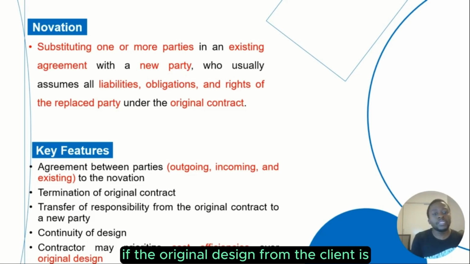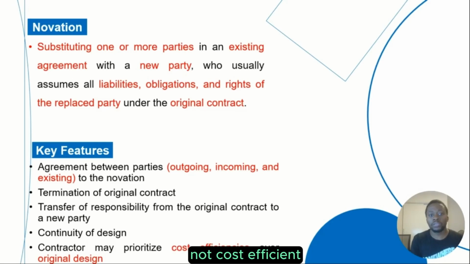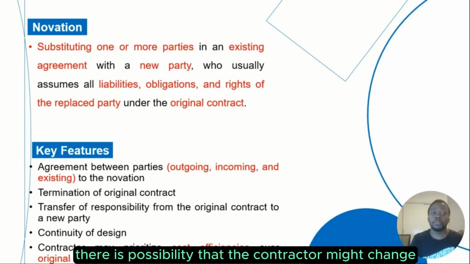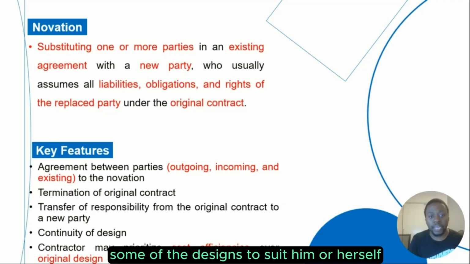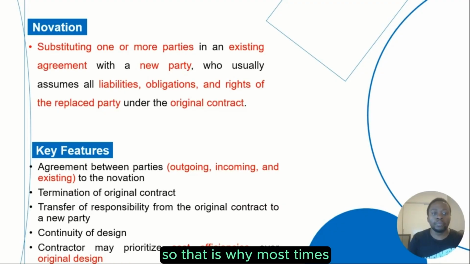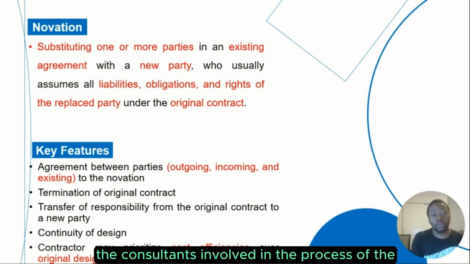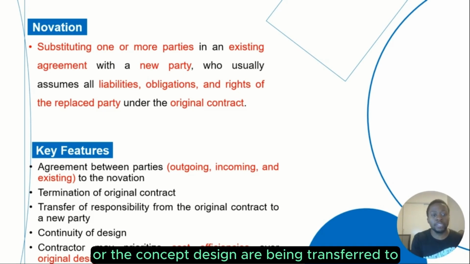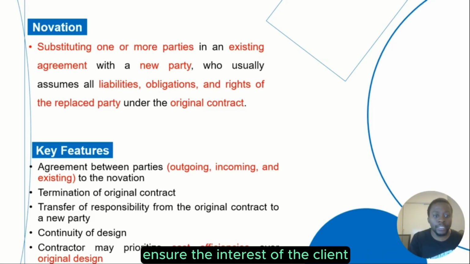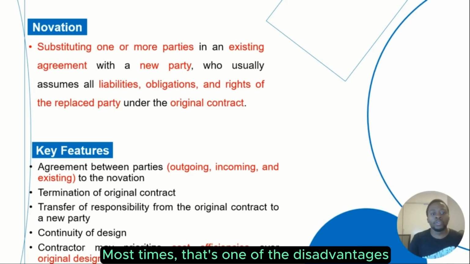If the original design from the client is not cost efficient, there is a possibility that the contractor might change some of the design to suit him or herself. So that is why most times the consultants involved in the process of the preliminary design or the concept design are being transferred, to ensure the interest of the client.